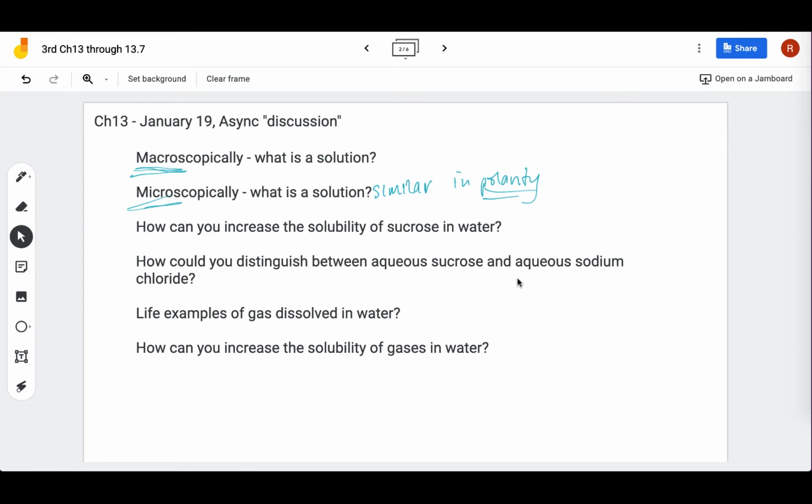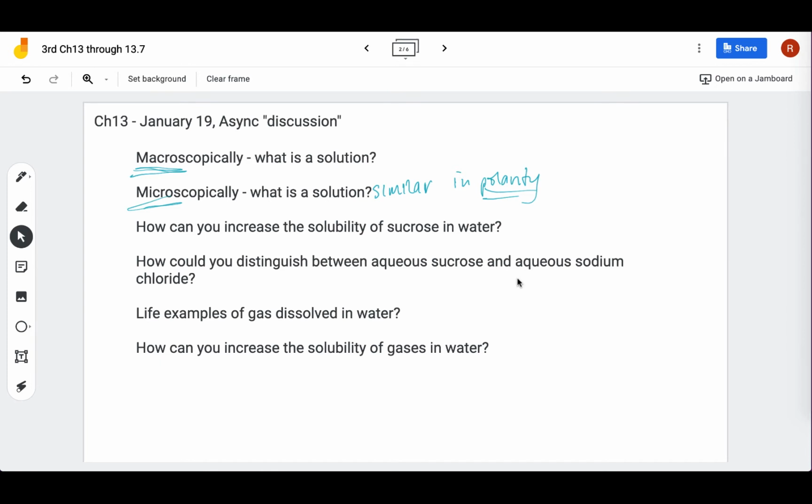All right. Next up, in terms of microscopically, in order to get something to dissolve, we have to think about all the forces at play. We have a solute attraction. We have a solvent attraction. Those are the forces that hold the molecules next to its neighboring molecule when they have a sample of just itself.